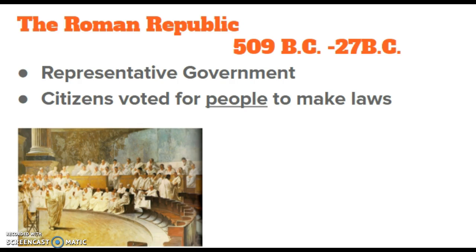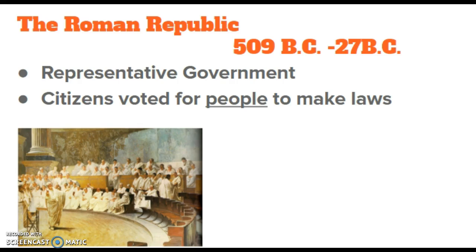We also took a look at the Roman Republic. Now the Romans are going to continue using a democratic form of government. However, we refer to the Roman form of democracy as a republic. A republic, the definition, is a representative form of government, but in this case we don't have the citizens voting directly, we have the citizens voting for the people.